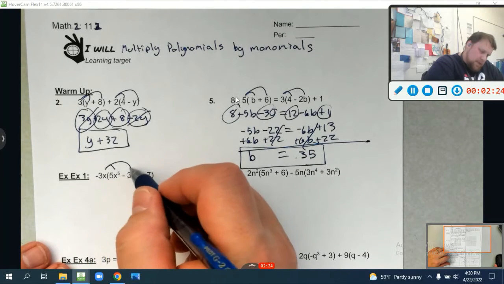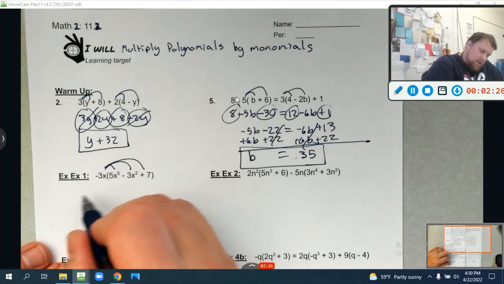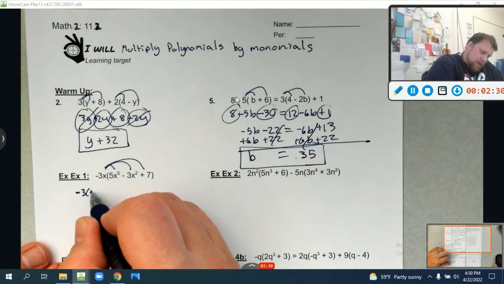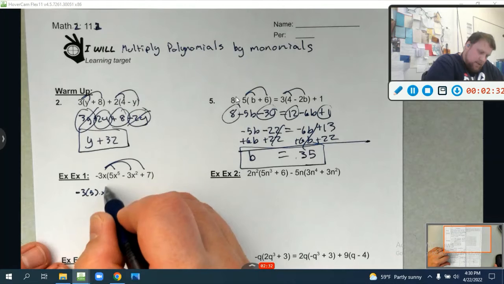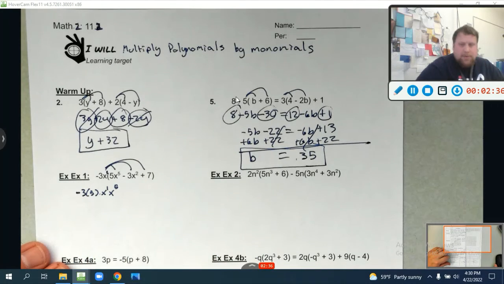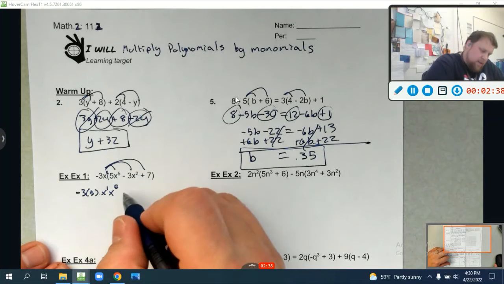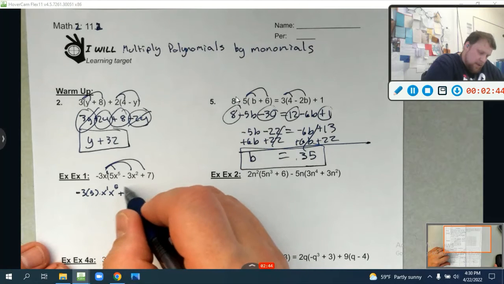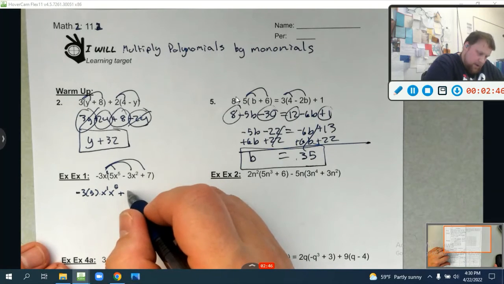I'm just going to multiply these out. Okay, I'm going to distribute that. So this is going to be negative 3 times 5, x to the 1 times x to the 5th, right? By the way, this is to the 1 power. I'm just going to put that in as x to the 1 as I expand this. And then I've got 2 negatives make a positive, so that's going to be plus 3 times 3.